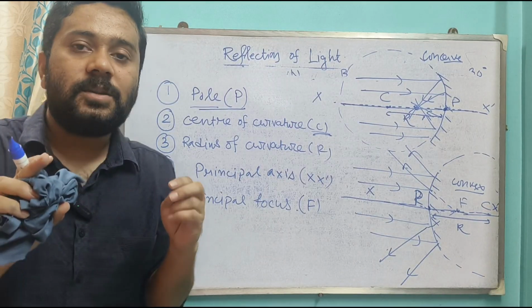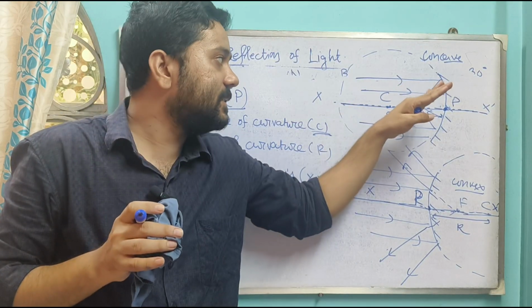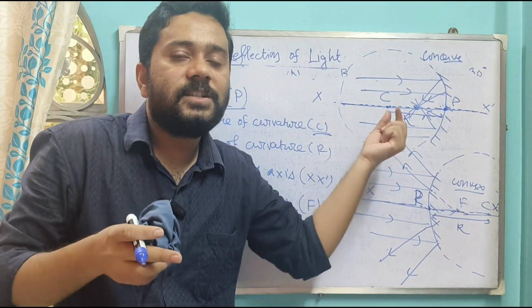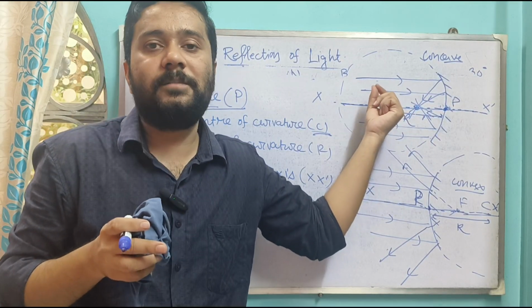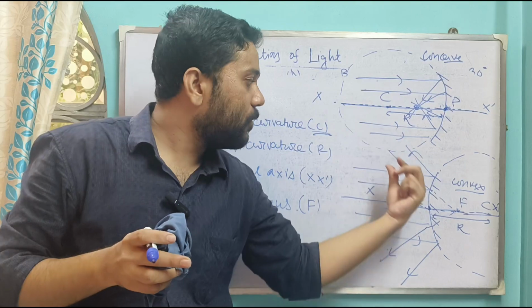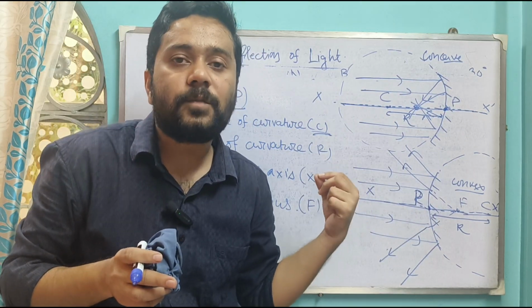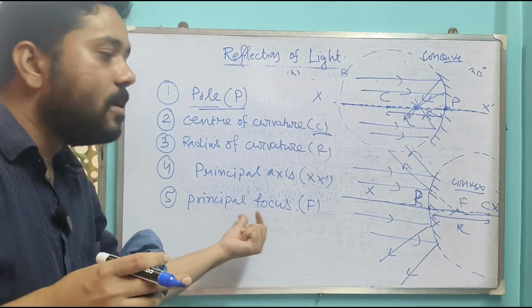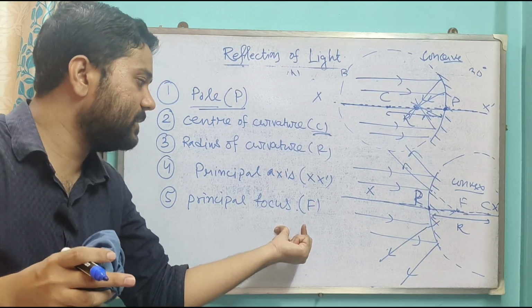So when light rays parallel to the principal axis strike a concave mirror, after reflection they meet at a fixed point on the principal axis, or for a convex mirror they appear to meet from a fixed point on the principal axis, and that fixed point is called the principal focus. I hope it is clear.